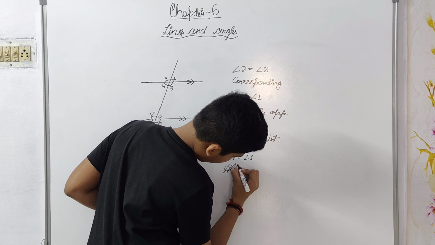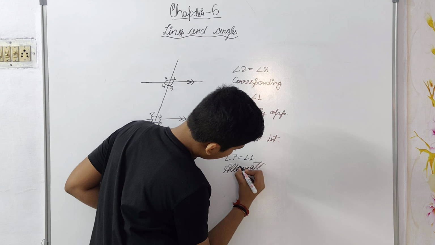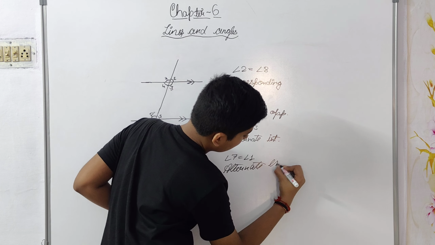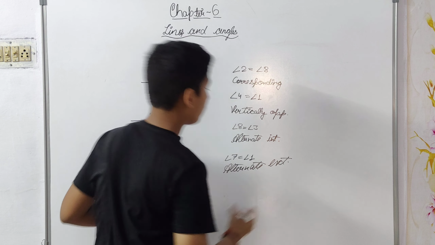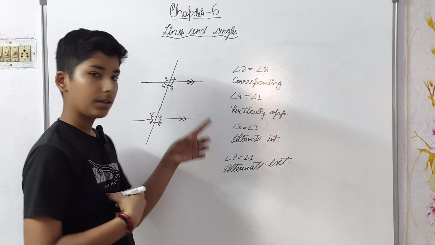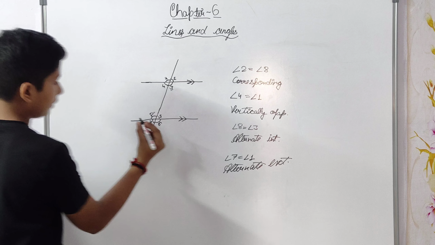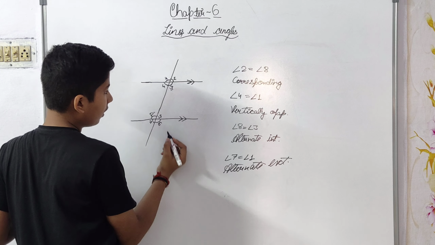Alternate exterior. Four angles are done, but now one is left, co-interior angles.